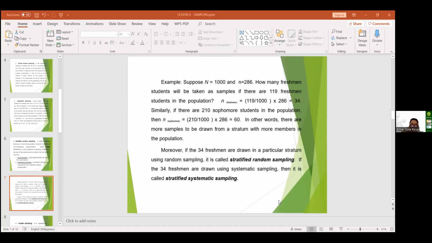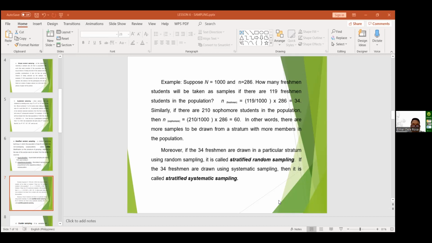Kung gusto ko naman gawing systematic, for example, mayroon akong listahan ng 119 students. Okay? Ang first year. At ang kukunin ko ay 34. So ano ang aking K? 119 divided by 34 is 3.5. So every third element. So meron akong listahan ng 1 to 119 na first year. Then pipiliin ko si third, 6, 9, 12.